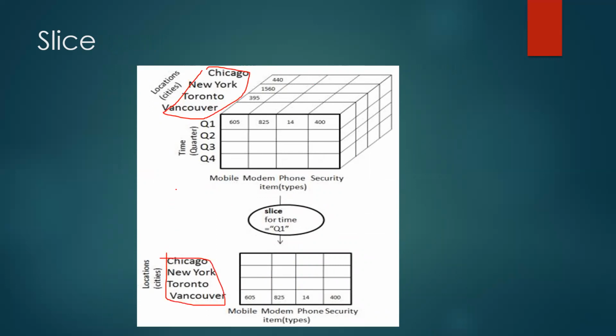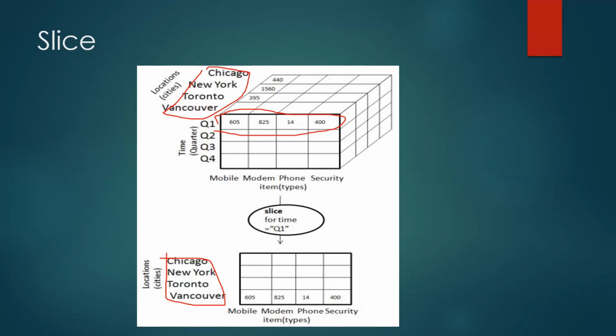What you see here is that we are just taking a portion of it, so there's no new dimension getting introduced. In the other 2 types we have seen, a new dimension is created, whether you are rolling up from cities to state or countries, from quarter to year, or from year to quarter. Here, there's no new dimension.